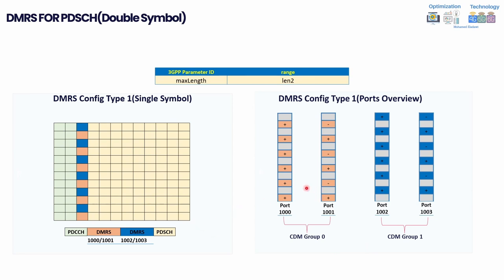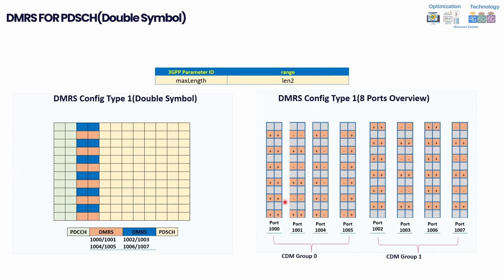So in this case, if you increase the number of antenna ports, you can have more scope for multi-user MIMO. For example, before, let's assume I have 2 users with rank 2. The first user is using two ports on this resource element, and the second user is using this. So I can have only 2 users, for example, for multi-user MIMO.